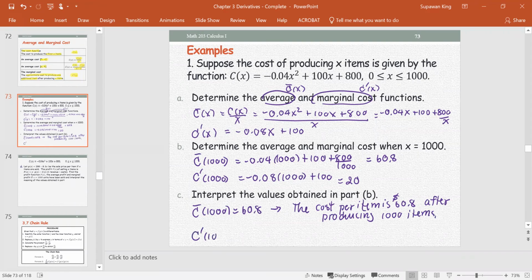For C prime at 1,000, or the marginal cost, which is 20, is the additional cost of producing the 1,000th item, which is $20.